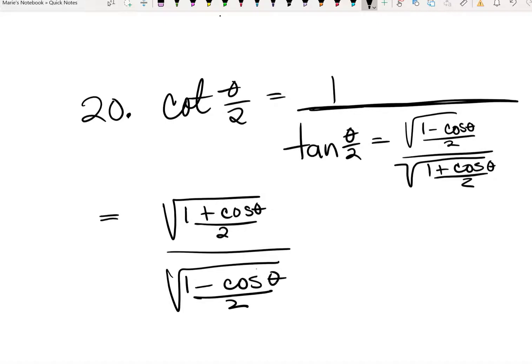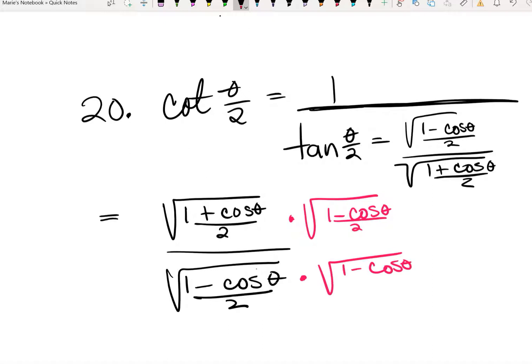Alright, we don't like radicals in the denominator, so we're going to multiply top and bottom by the square root of 1 minus cosine theta over 2, over the same thing, the square root of 1 minus cosine theta over 2.